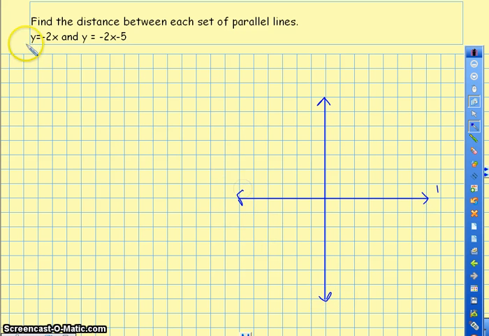So we're going to plot y equals negative 2x. I know the y-intercept is 0, so I'm going to start at the origin, and my slope is negative 2. So I'm going to do up 2 over 1, up 2 over 1, down 2 over 1, down 2 over 1, and connect my dots.